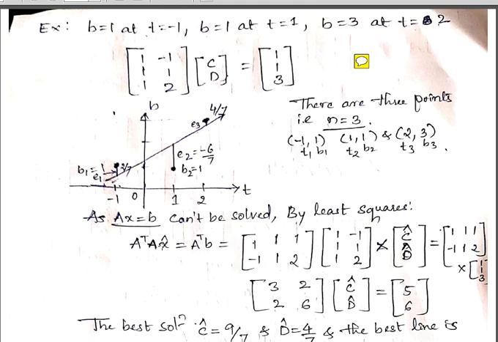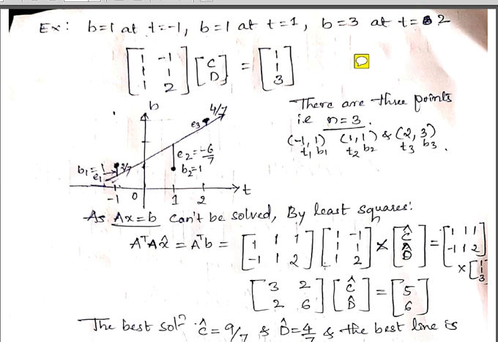So whatever is A, we find this by the method A transpose A x cap. The transpose of A is this, A is the same one, x cap, which is C cap and D cap, is equal to A transpose B. We need to find A transpose, and this B has to be multiplied to that.